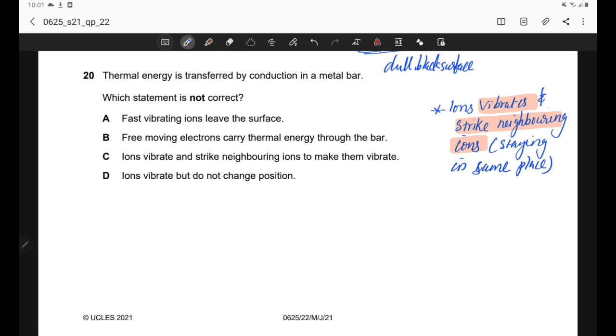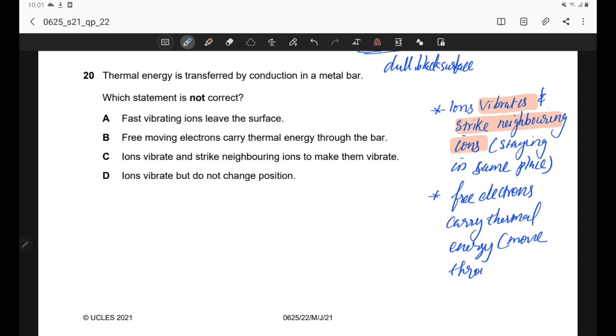And one more way thermal energy is transferred in metal is through the free electrons. They carry this thermal energy and move through the bar. That is also an important point. These free electrons can move freely through the bar from one side to the other side of the metal rod.